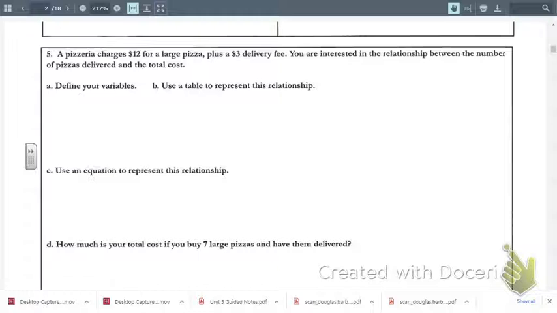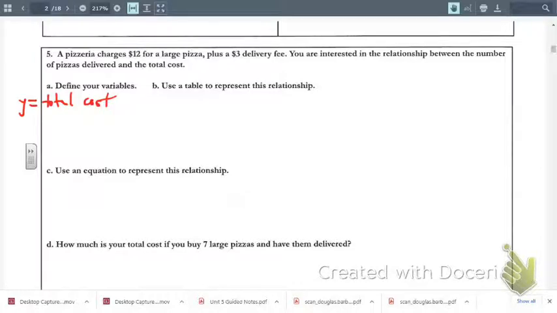Alright, number 5, it says a pizzeria charges $12 for a large pizza plus a $3 delivery fee. You are interested in the relationship between the number of pizzas delivered and the total cost. Alright, and it says to first, in part A, define your variables. So we are going to let y be your total cost.